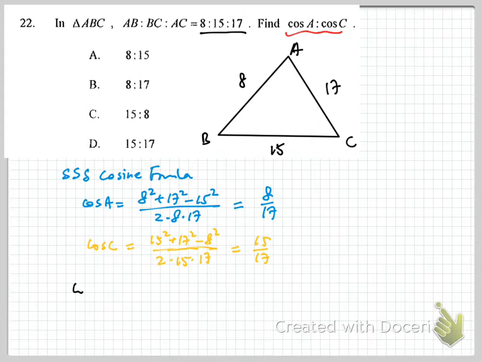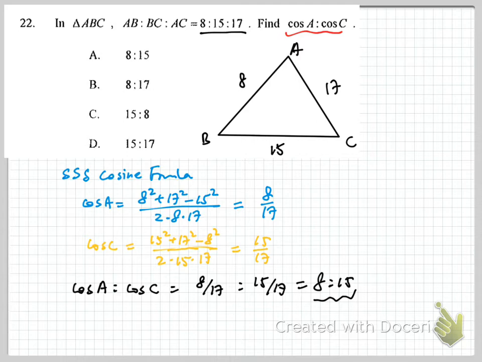Anyways, the ratio between these two cosines, cosine A to cosine C, will be 8 divided by 17 to 15 divided by 17. So the answer goes to 8 to 15, the answer is A.